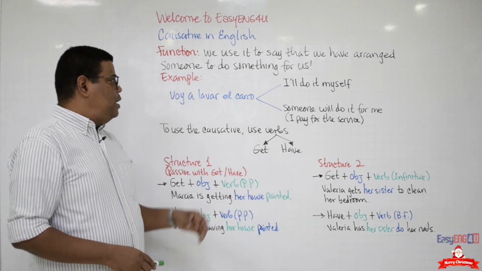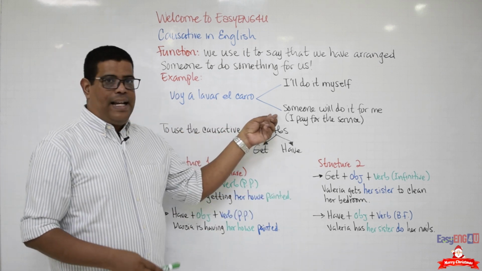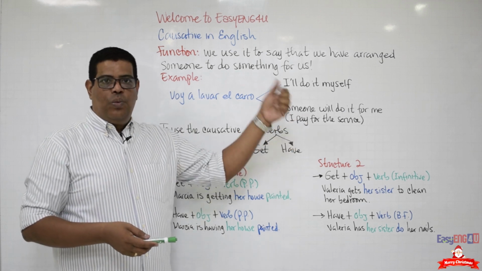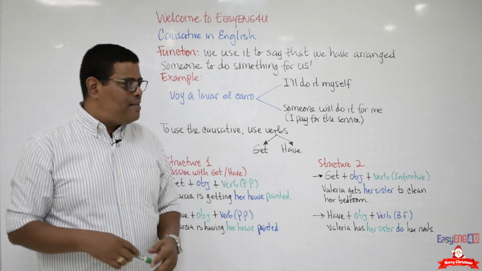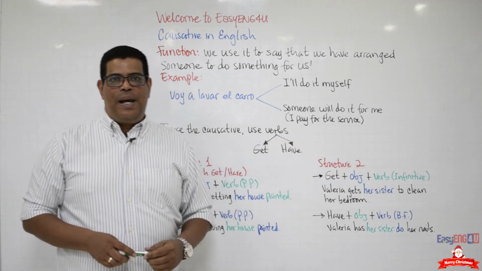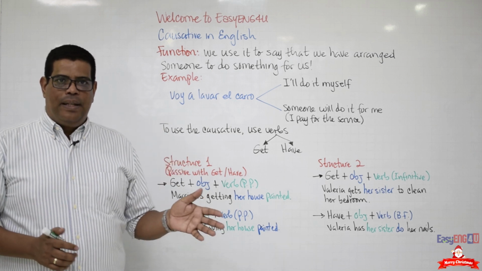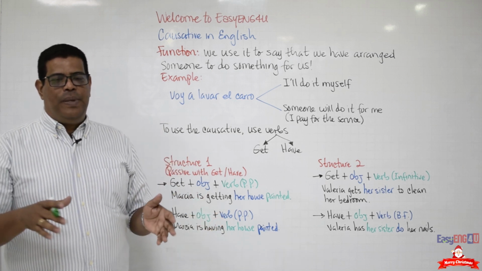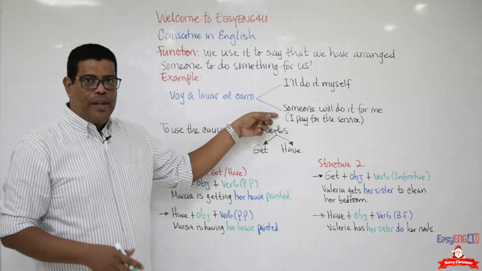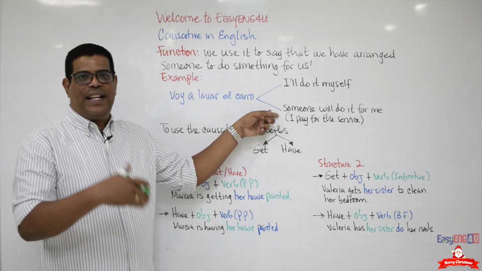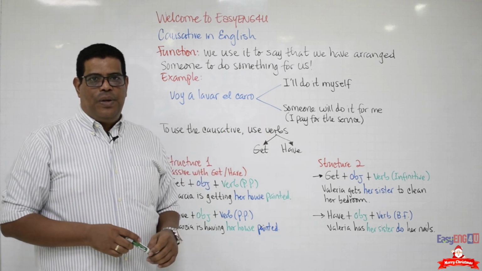Implication number two is that I'm taking the car to the car wash and someone else will wash the car for me, which means I'm going to pay for that particular service, okay? Those two implications happen. So Latino students, pay attention, because when you are referring to number two is when you're going to use the causative in English, okay?